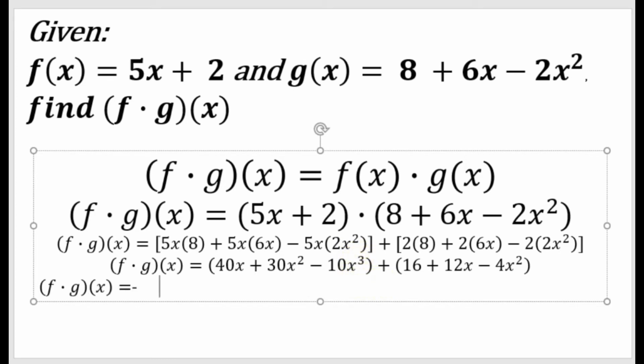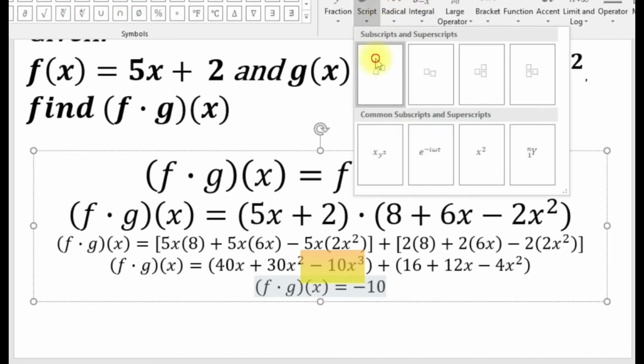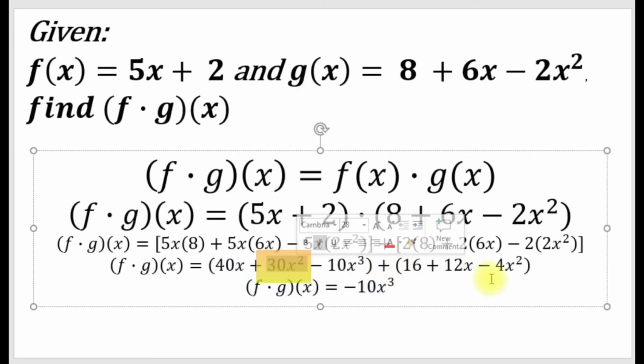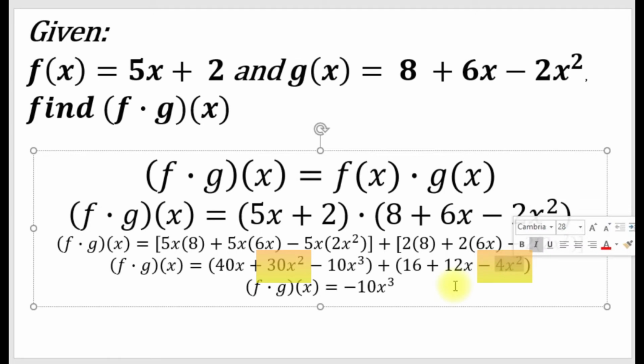So negative 10x cubed, and then 30x squared subtracted by 4x squared.